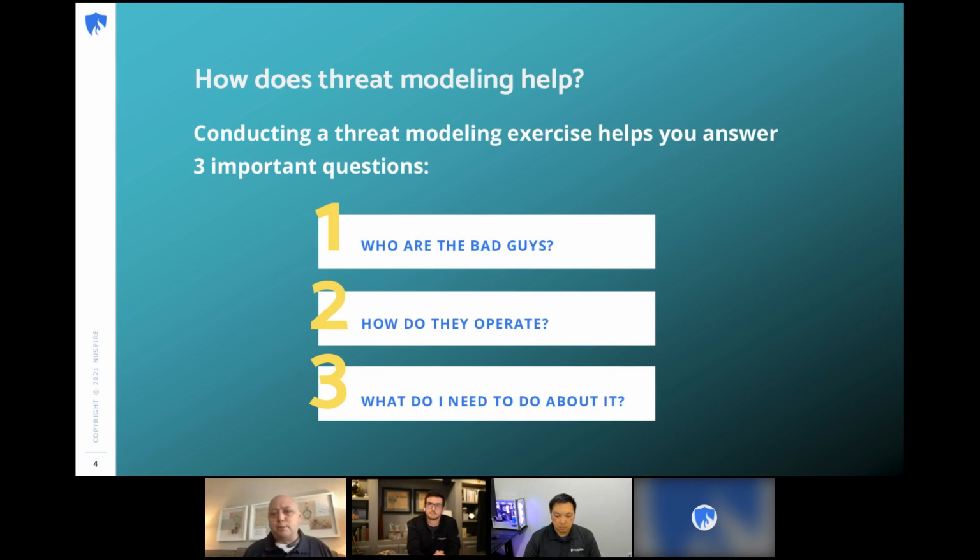One of the interesting things about threat modeling is, this seems like a drastic oversimplification. Number one, who are the bad guys? But if you think about it, if you start to pick apart different industries, look at healthcare, for instance. We know that ransomware is far and away the number one threat. We also kind of know who the bad actors are that execute a lot of these ransomware attacks.